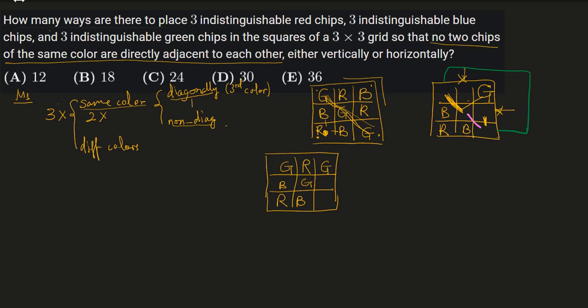And as for these two squares, we can only place a red here and a blue here, not vice versa. Otherwise, these two will be adjacent, right? Therefore, we know that this is good. And for the second scenario, let's say we have a new grid of squares.